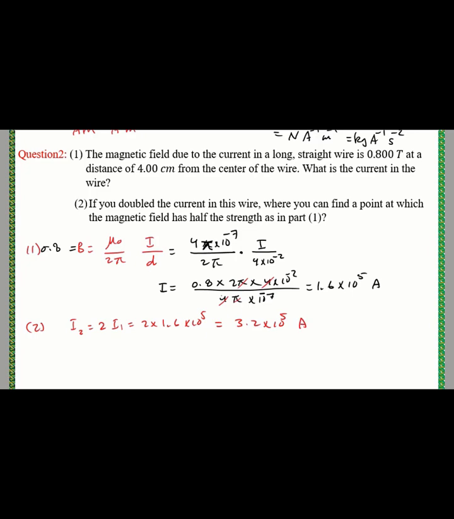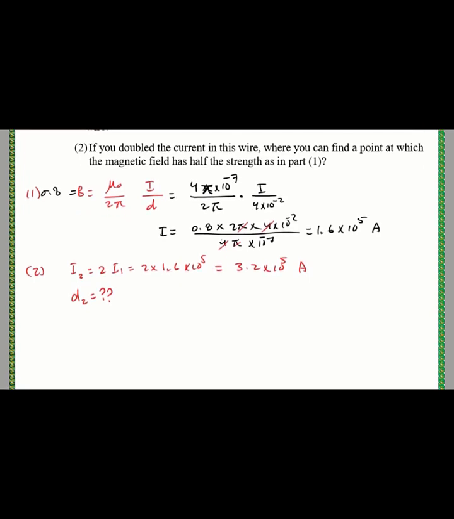We need to find where. So the new d is unknown, with the magnetic field half of the strength in part 1. So B2 equals half B1, which is half of 0.8, it is 0.4 Tesla. We have everything that we need.